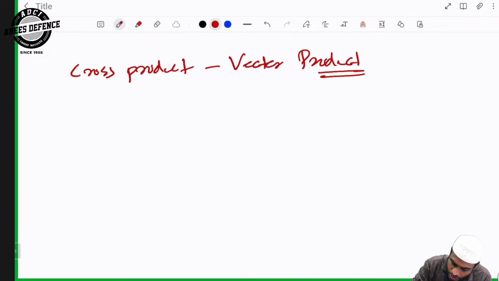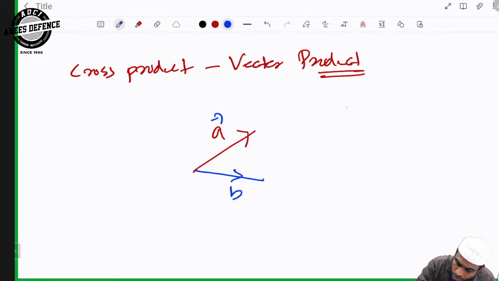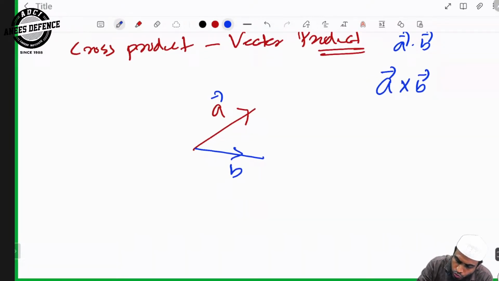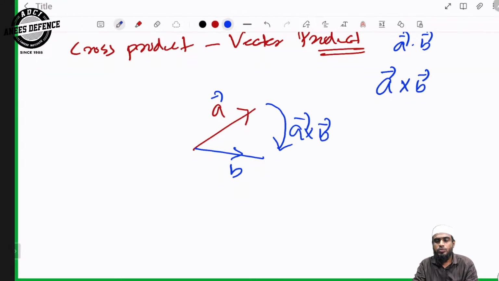For example, here is one vector A, another vector B. Dot product is represented as A dot B, but cross product is represented as A cross B. When you are doing A cross B, it is like turning a screw.